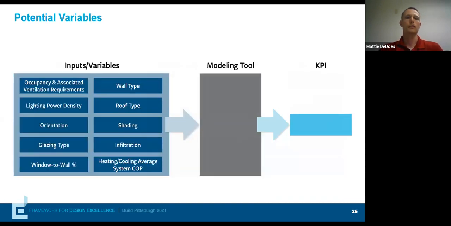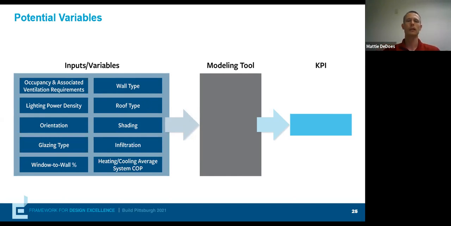In terms of the inputs, these are all the different levers we can pull. We could improve our wall, we can improve our roof, we could put shading on, window to wall percentage, we could improve our COP, the efficiency of our heating and cooling system.